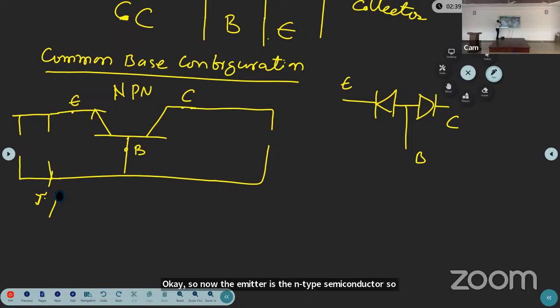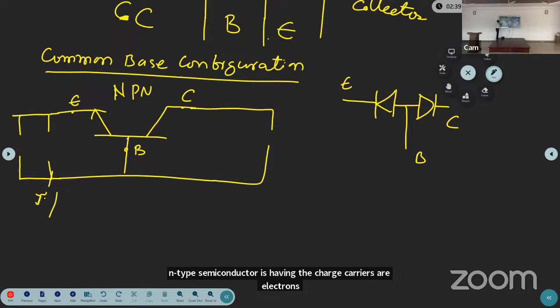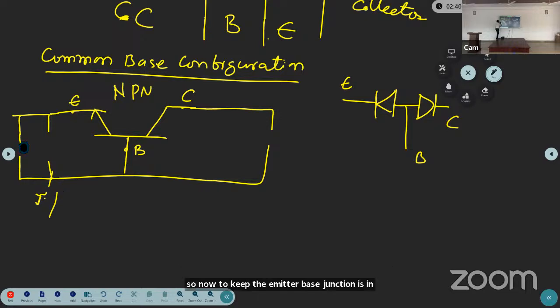So to keep the emitter base junction in forward bias, connect the negative terminal of the battery to the emitter and positive terminal to base. Okay, next here, the collector base junction should be reverse bias.